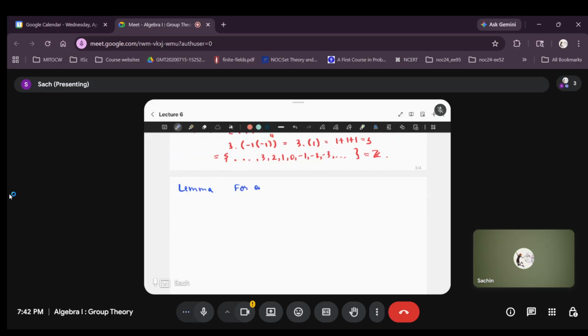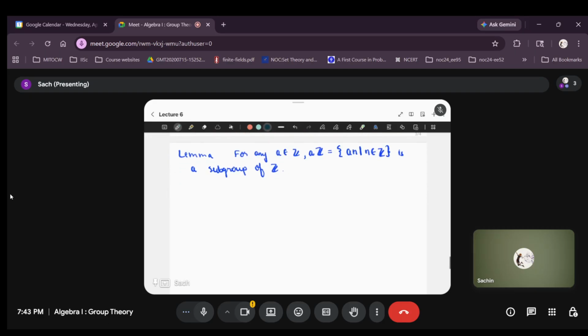For any integer a in Z, aZ, which is defined as the set of a times n for n in Z, is a subgroup of Z. For example, 2Z is the multiples of 2.